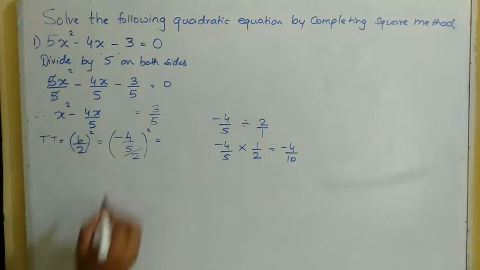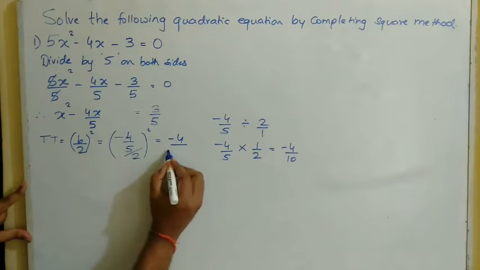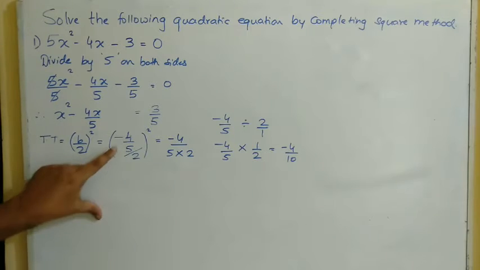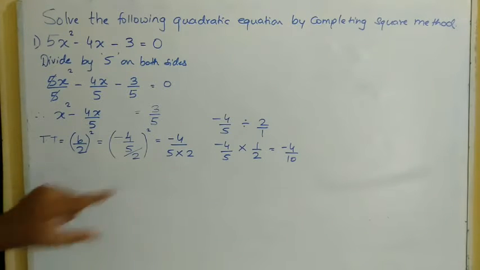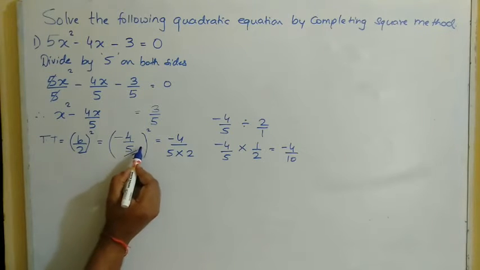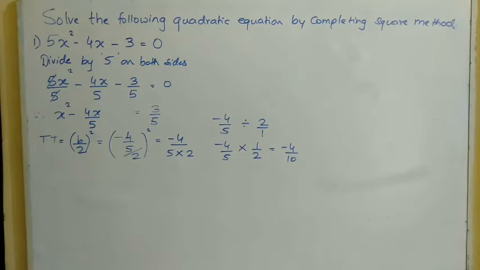In this step, I will write like this: minus 4 upon 5 into 2. This 2 I will bring with the 5. Just understand this step. This 2 is there, this is a whole divided by 2, so that 2 I have taken in the denominator.